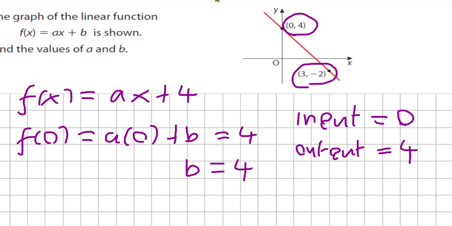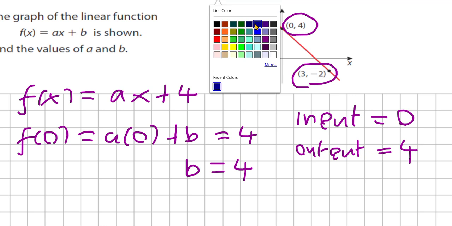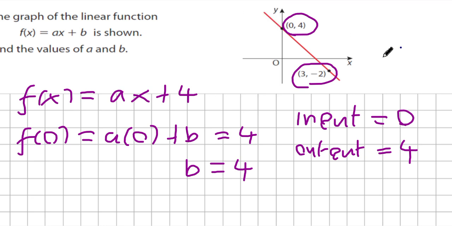Let's move on to the next point. What do you see in the next point? What's the next point? Input is 3. Output's minus 2. So I want you to do the same thing again. Anywhere you see an x, you're going to replace it with what? 3. And the answer has to be minus 2.